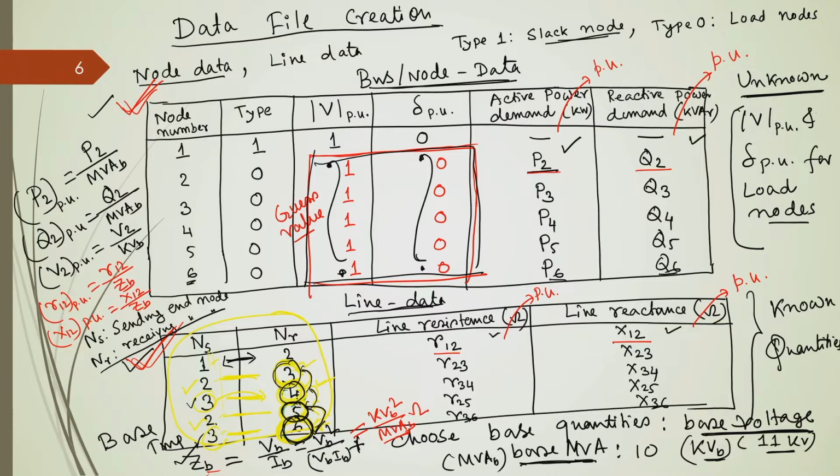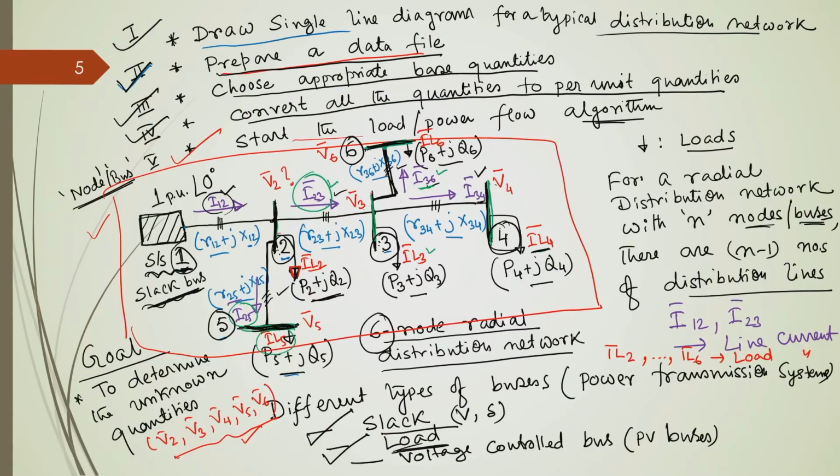So, you can compute it prior to this particular operation, and then while determining the current flowing through node 2 to node 3, you also have to consider the load current of node 4, because this node number 4, its demand is coming through this line which is connecting node 2 to node 3. So, whatever this current I 2 3 is, it is a function of the load current at node 4 as well. So, it is a function of the load current of node 4. Okay. So, that is why we need that.